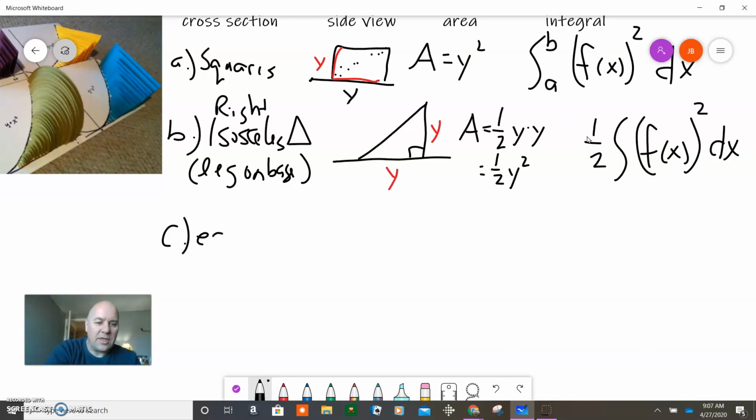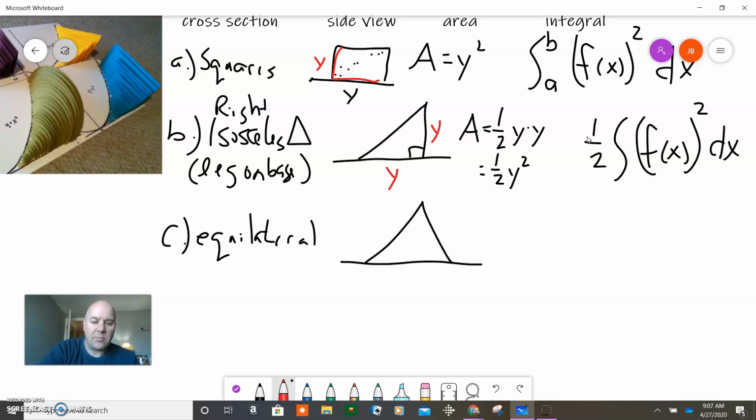Part C, we're going to do the equilateral triangle. Equilateral. Wow, hope you can read that. So what this looks like is that all three sides are the same. The distance from here to here is y. Now, that's not too helpful because what I need to do is take my picture and cut it in half.